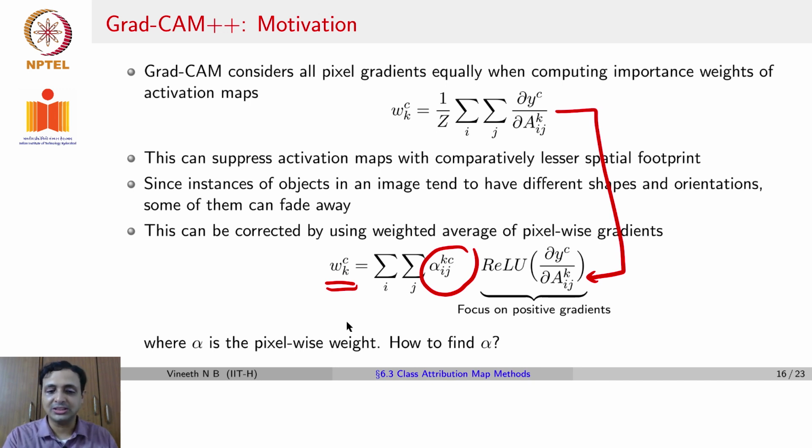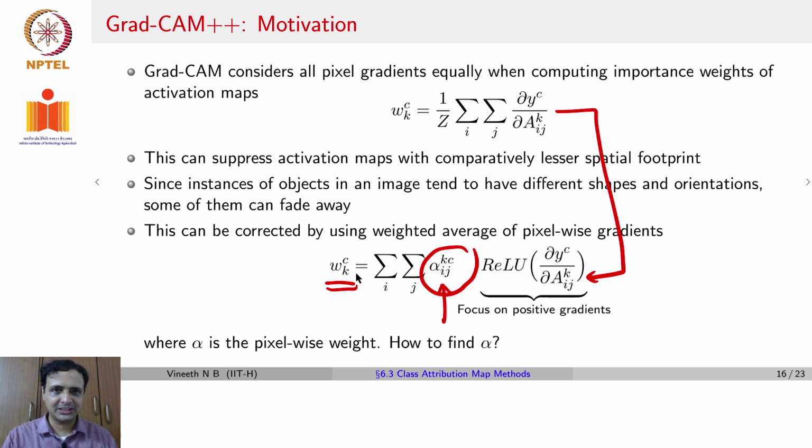So let's call those constants alpha sub ij superscript kc. So alpha sub ij corresponds to each ijth location of a feature map, k corresponds to the kth feature map, and c corresponds to the class which we want to maximize. Grad-CAM++ also adds a ReLU here to ensure that only positive gradients are considered in the computation of this weight.